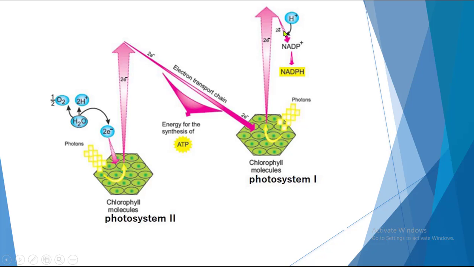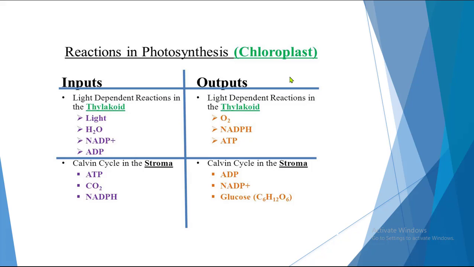NADP gains 2 electrons and a hydrogen ion which was produced during photolysis by the split of water molecules. So it gains 1 hydrogen and 2 electrons, because it has a positive charge and needs these electrons to be neutralized, and they form NADPH, which is the reduction phase. Reduction means gain of hydrogen.